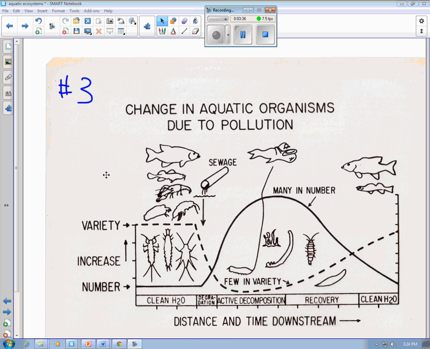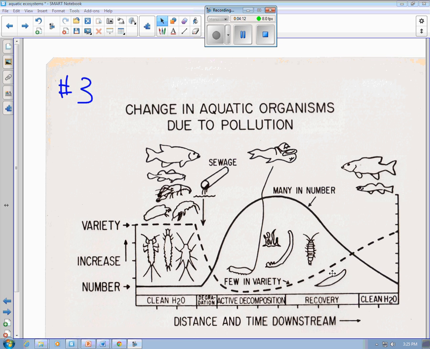This slide is talking very clearly about how the variety and numbers of organisms are different in clean water versus degraded water, or water that probably has sewage in it. So here is clean water. It's got lots of invertebrates in lower numbers, but lots of variety. And then we add the sewage into the water, and all of a sudden, the variety decreases dramatically, but the numbers of the ones that are left increase a lot.